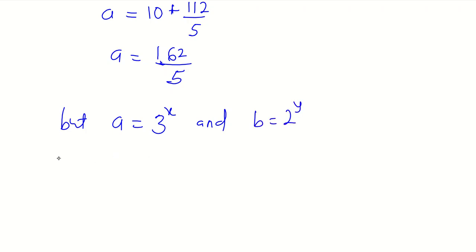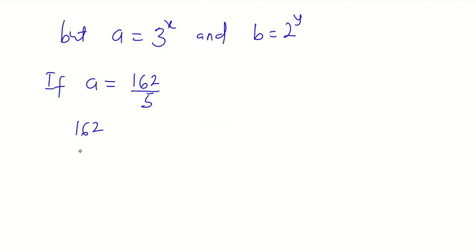So now if you are saying that a is equal to 162 out of 5, that means 162 out of 5 should be equal to 3 exponent x. Now this is a fraction and we cannot express this fraction for it to have a base of 3 and then an exponent. So what you have to come in mind is to apply logarithm to both sides.